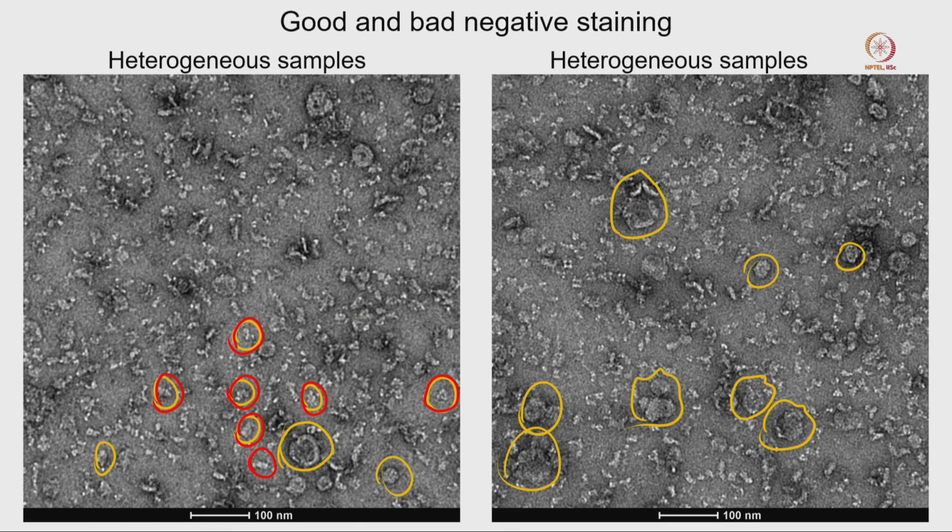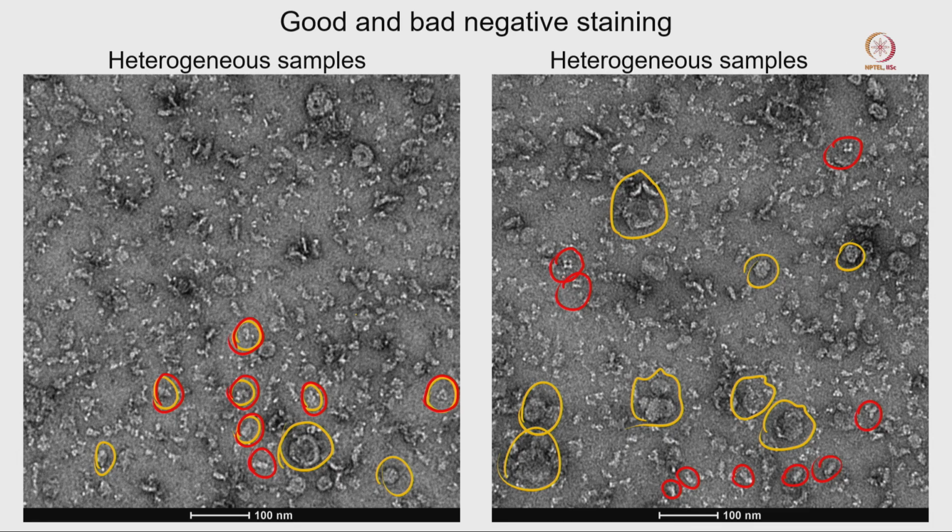Again in this particular image also I am targeting this kind of protein molecule, but actually there is a lot of other contamination. Here you can even see a tetrameric sample is also there. So this is a mixture of different types of protein. Overall the stain is very nice.